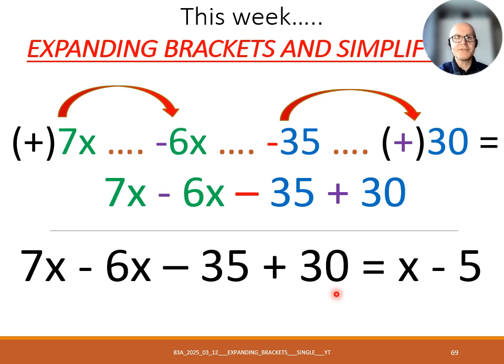You've gone 35 to the left of your number line and you've come back up 30 to the right on your number line, which still leaves you 5 to the left of your number line to get a minus 5. So 7x minus 6x equals 1x or just x, and negative 35 plus positive 30 is negative 5. So this is your answer, x minus 5.